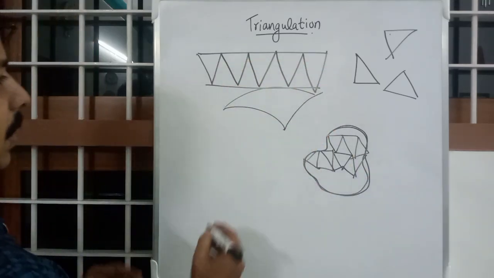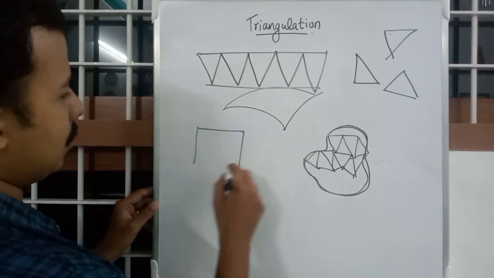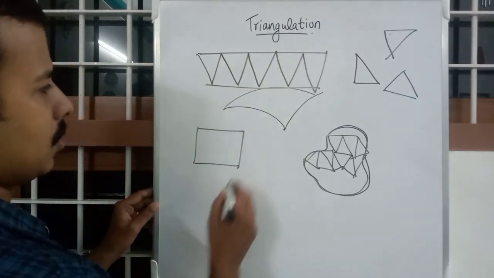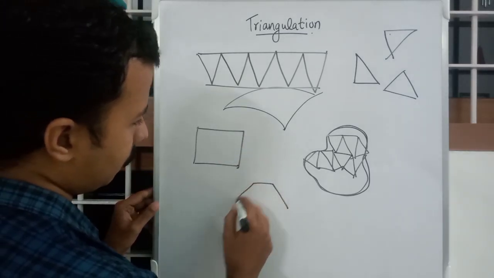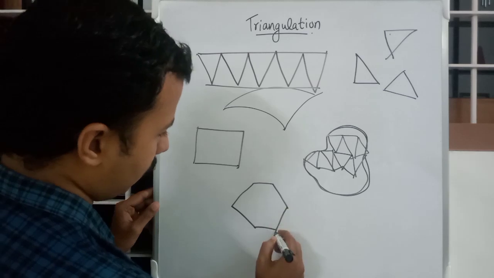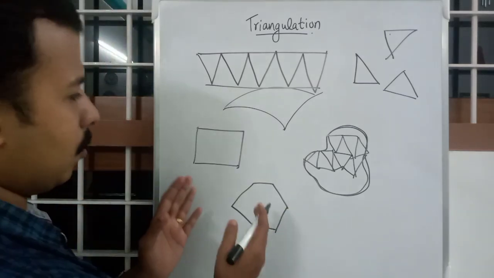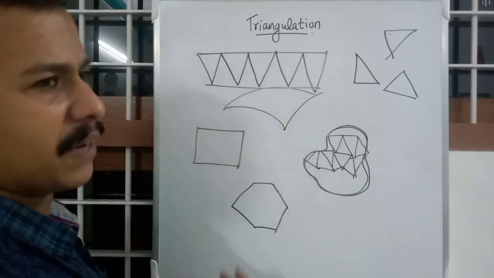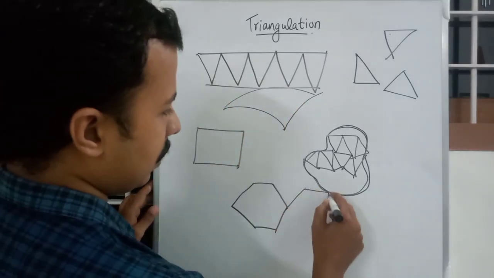Another type is polygons or quadrilaterals like this, or hexagons, and like a chain of triangles we can also construct a chain of hexagons like this.